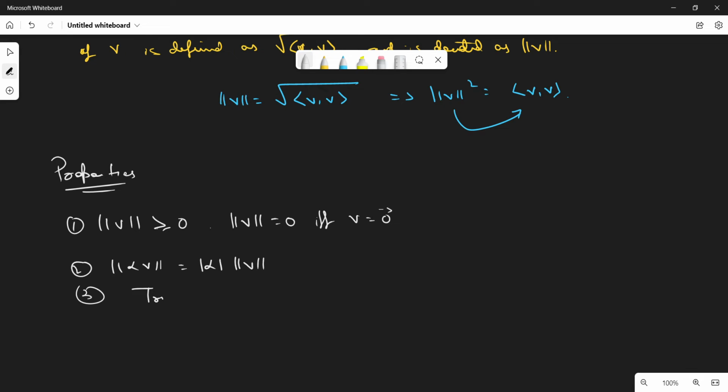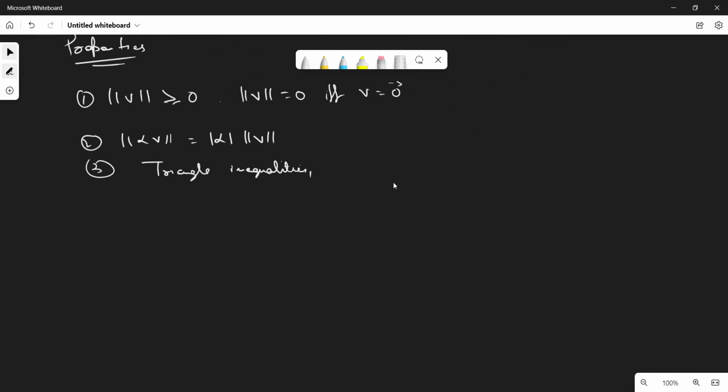Number 3, which is one of the most important inequalities in mathematics, which we have already seen previously in plus 2 levels and below, which is the triangle inequality. We have studied triangle inequality in the concepts of triangle itself, that the sum of two sides of a triangle is always greater than the third side. So what does the triangle inequality say?